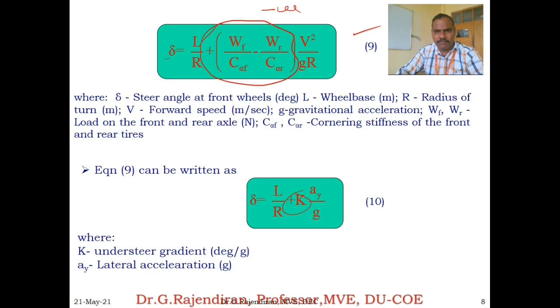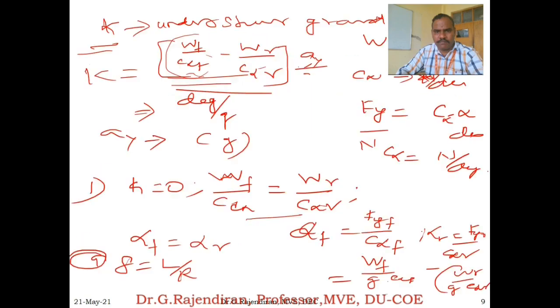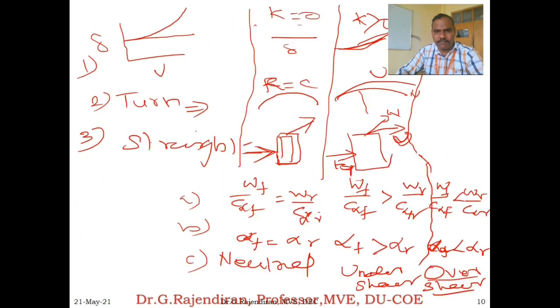Delta is reduced because it is negative multiplied by vehicle speed square. So it will be reduced. This is oversteer. Clear?